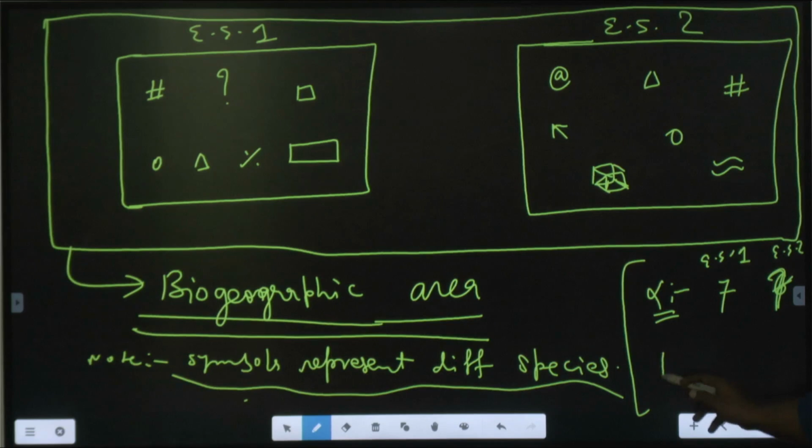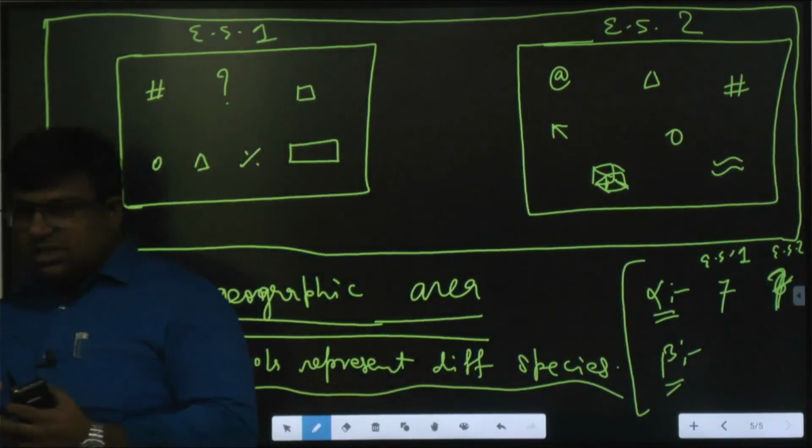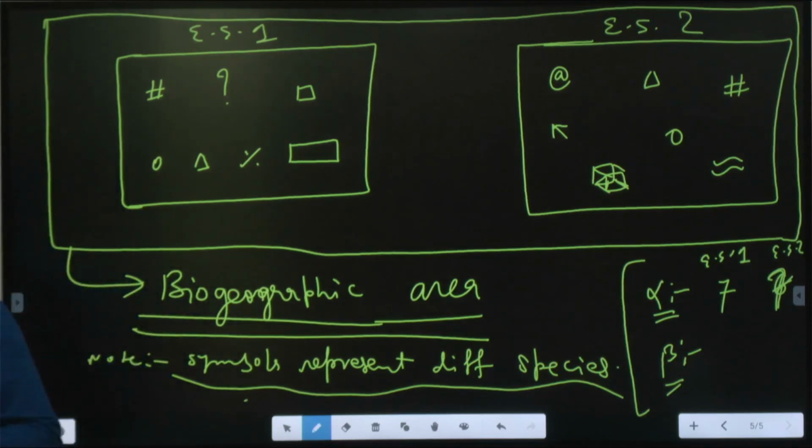But when we talk about beta diversity, the discussion of beta diversity is not specific for a particular ecosystem. As you have written, in beta diversity we try to make comparison between two different ecosystems, or the number of ecosystems may be more than 2. And what is our manner of discussion?